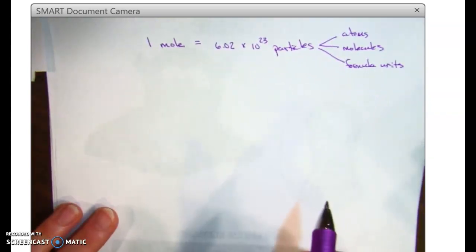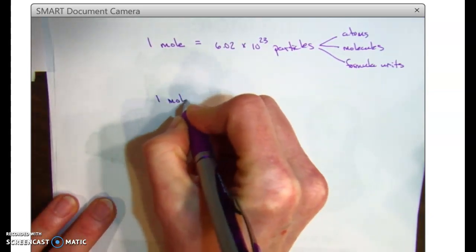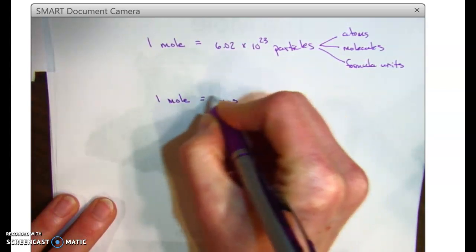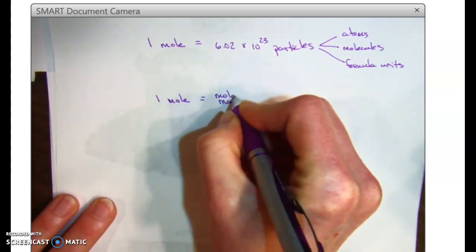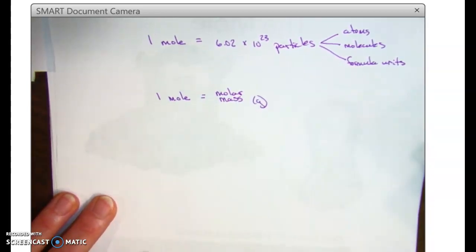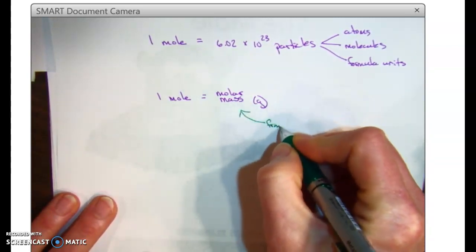So what we just talked about was the molar mass, and 1 mole of anything will have a mass equal to the molar mass in grams. Now, where do you get this number, this molar mass? This comes from the periodic table.